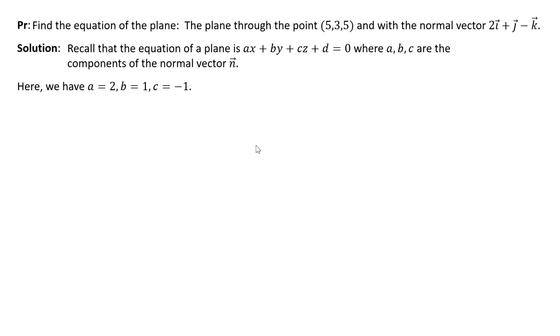Yep. And so plugging these in for a, b, and c, we get 2x plus y minus z plus d. And d is still unknown. Would you agree? a, b, c we know based on the normal vector. And 2x plus y minus z plus d is what we get, equal to 0.